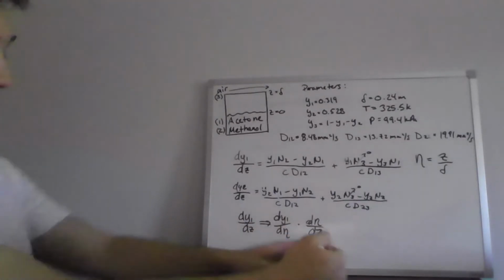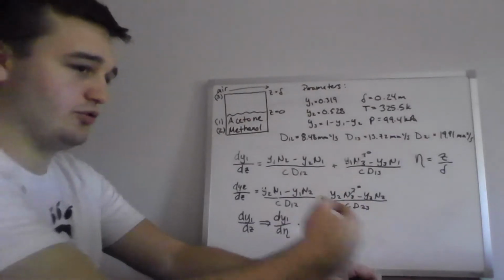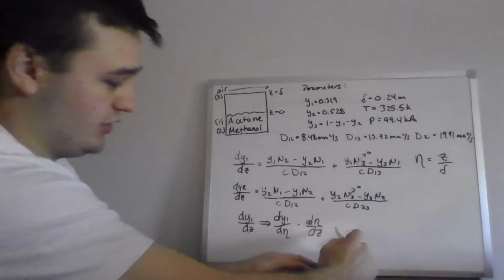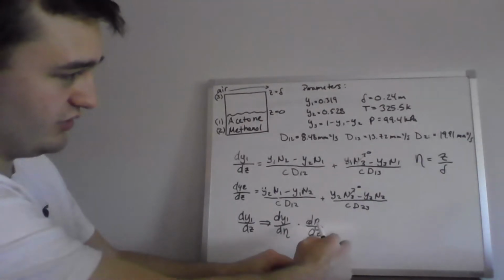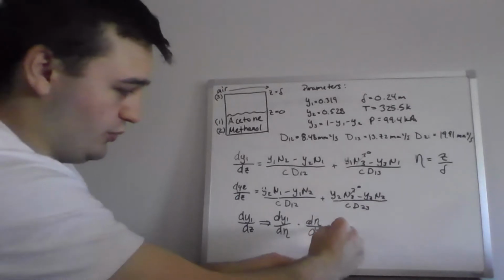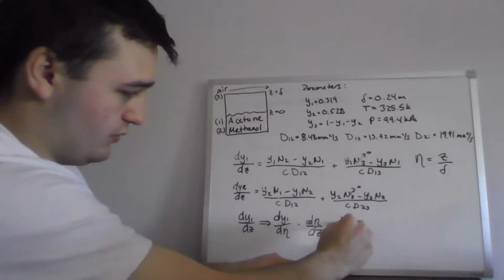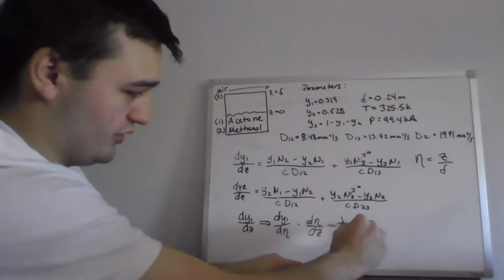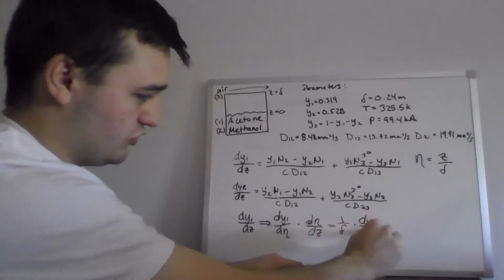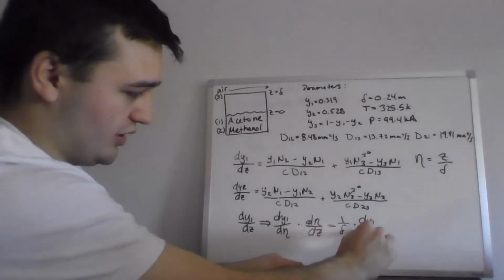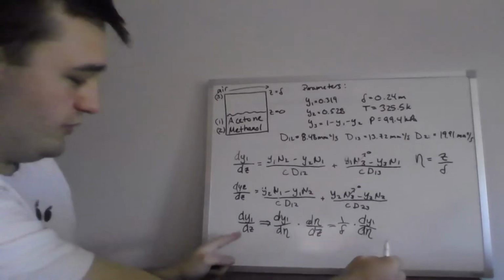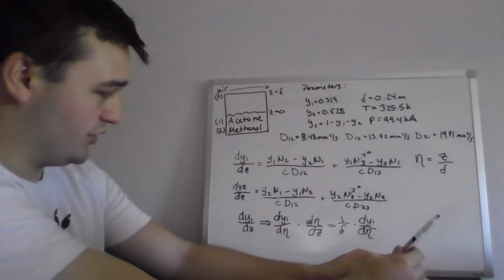So these are equivalent. Now, we know that eta is z over delta. So if we replace eta with z over delta, we end up with 1 over delta times this change in mole fraction of 1 with respect to eta is equal to this change in mole fraction of 1 with respect to z.